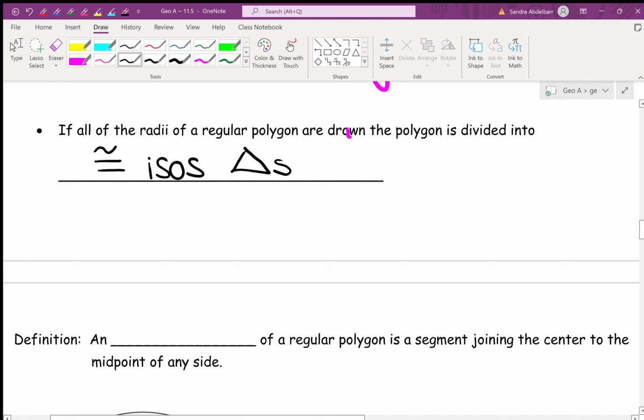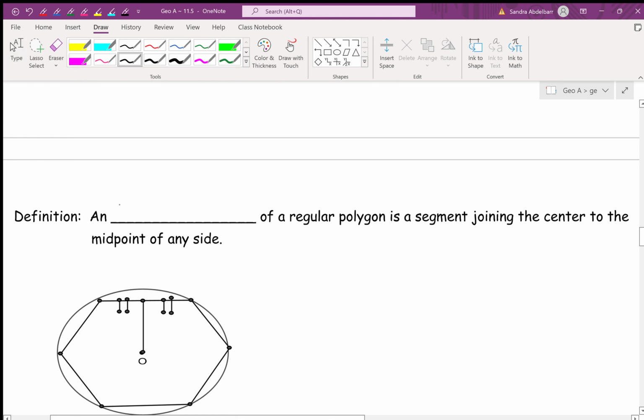All right, so there's one vocab word we have not discussed yet, and it's a completely new one. You've never seen it before, the apothem. An apothem of a regular polygon is a segment joining the center to the midpoint of any side.